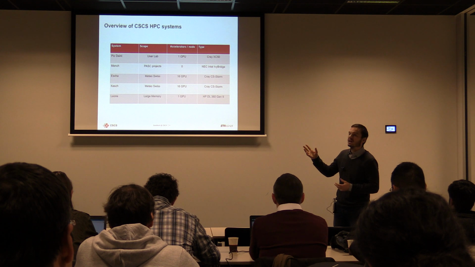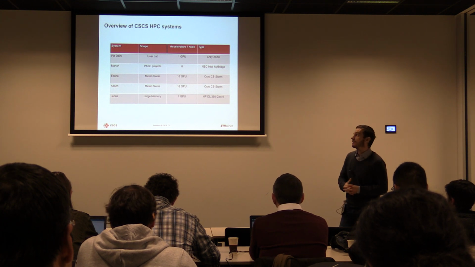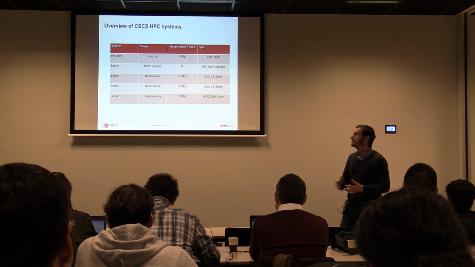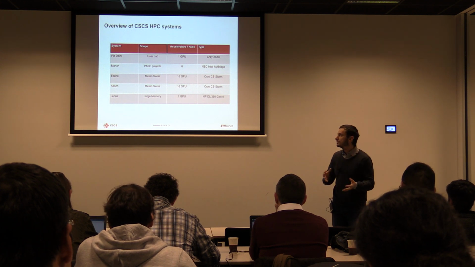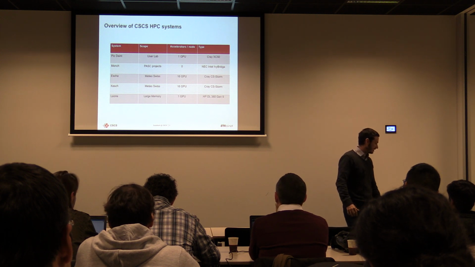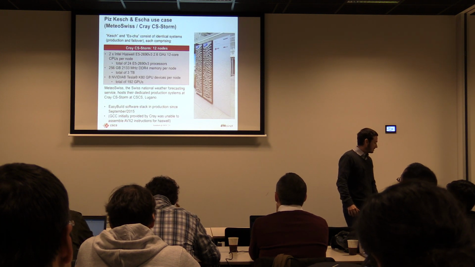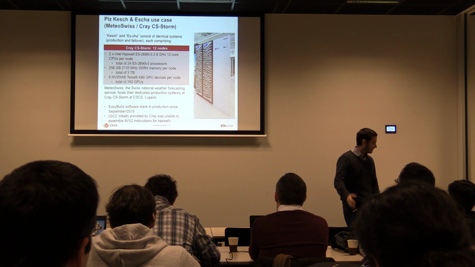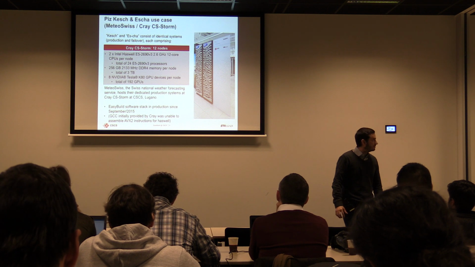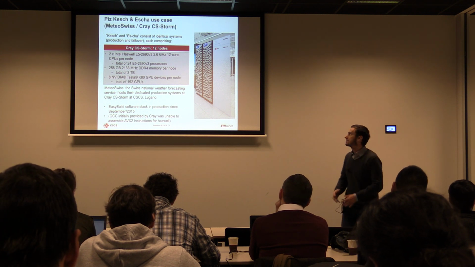Then Asha and Cache are for a client, for MeteoSwiss. They are dedicated systems. Then we have Leone, which is also for another client and for large memory use cases. So this is also from last year, but we have many people that were not here. So a few details on Pezzi, Cache and Asha.